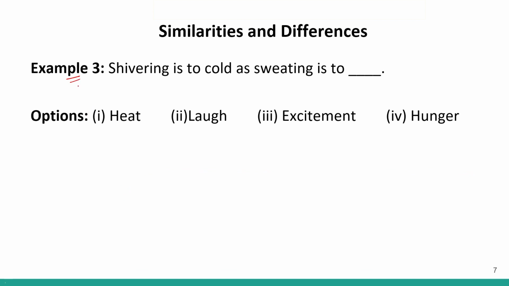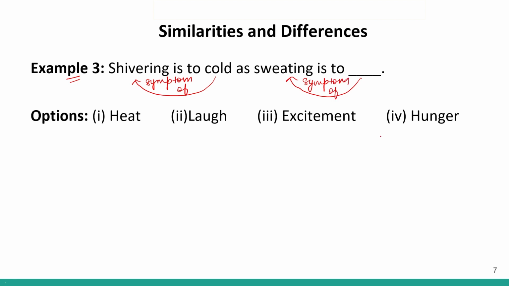Example 3, shivering. Shivering is to cold as sweating is to what? Now, we know that shivering is a symptom of feeling cold, right? You shiver because you're feeling cold. Similarly, we have to find a word whose symptom will be sweating.